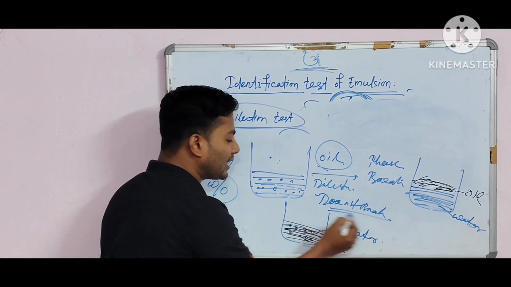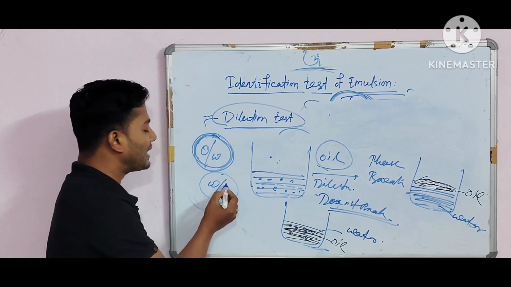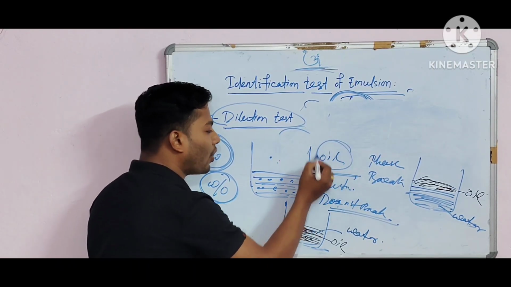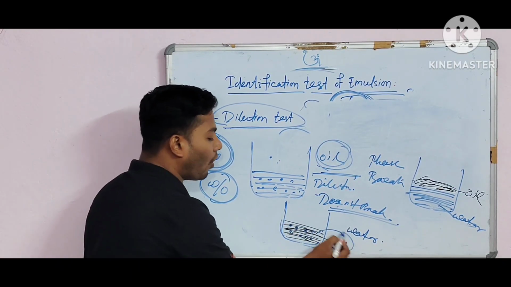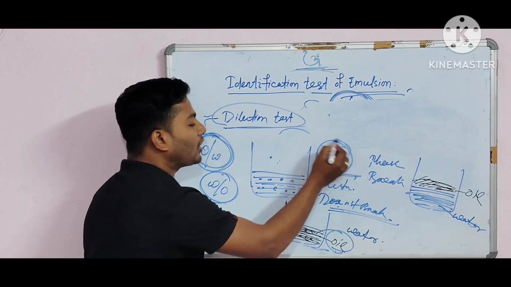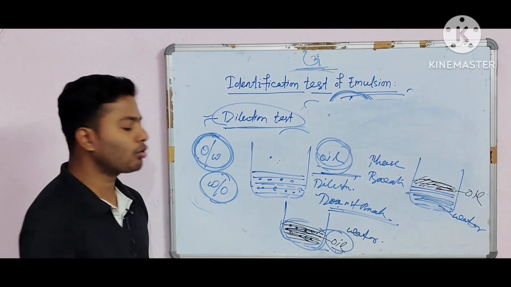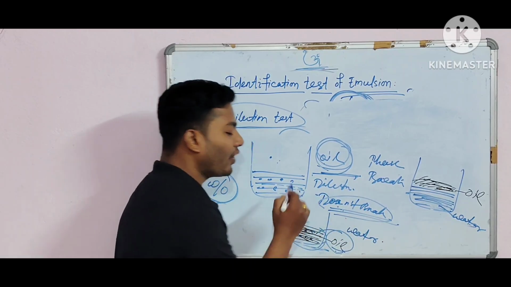If the phase doesn't break, then definitely you can say it is W/O type of emulsion, because after dilution with oil, the emulsion already has a large amount of oil, so the added oil is completely miscible with the large amount of oil. So that's why it does not change the phase.